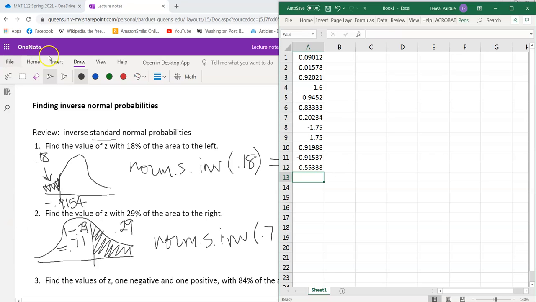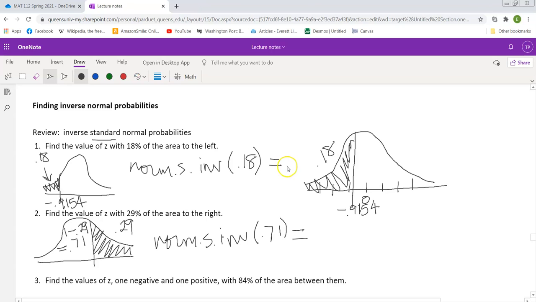And we get 0.5534. And keep in mind on all of these, the value we put in is a probability, and the value we get out is a value of z. So we put in a probability and we get out a z. So 0.71 is our probability and z is 0.5534.